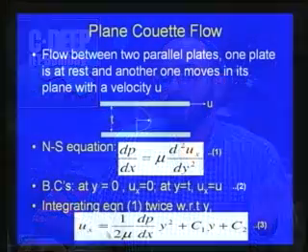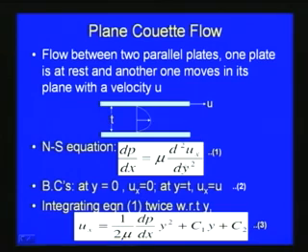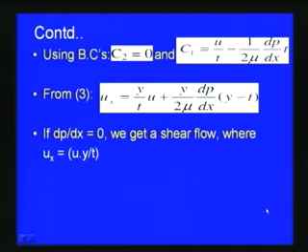If we integrate twice, we get ux equal to 1 by 2 mu dp by dx y square plus c1 y plus c2, where c1 and c2 are the constants of integration. Now we have two boundary conditions, ux equal to 0 at y equal to 0 and ux equal to u at y equal to t. We can use these two boundary conditions to get the unknowns c1 and c2.